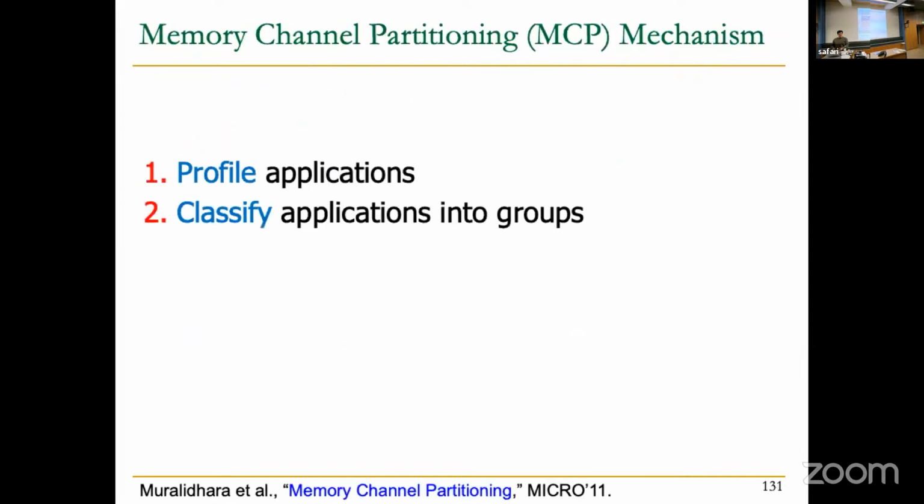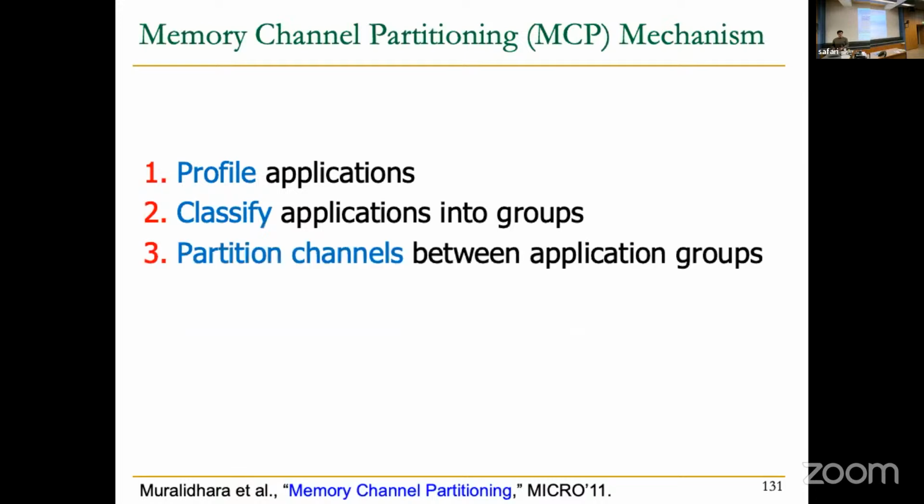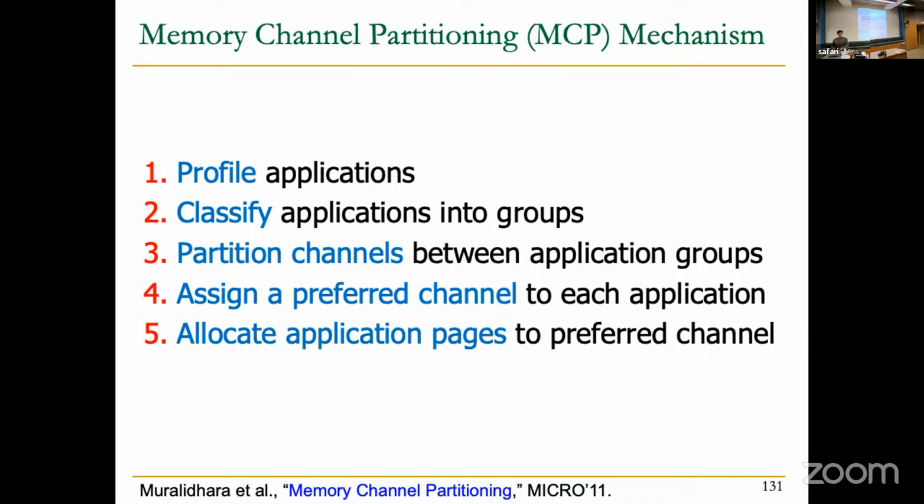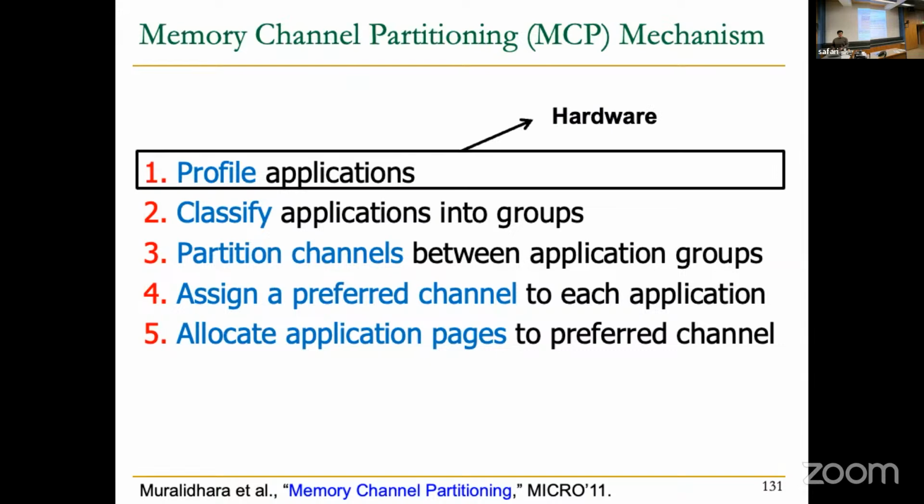To do that, we will profile applications and classify them into groups, and then partition channels between application groups. We will assign a preferred channel to each application. When we're running the workload, we're going to allocate application pages to that preferred channel. This will require data movement, as you can maybe imagine right now.